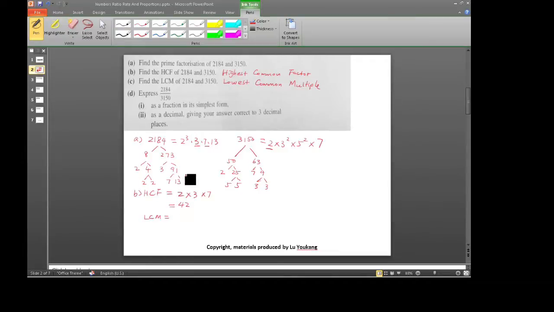Now let's take a look at the lowest common multiple. This time round, you have to take a look at what they have, not what they share. Just take what they have with the highest power. So they have 2, and 2 to the power of 3 is the highest power. They have 3, the highest power is 2, so 3 to the power of 2.